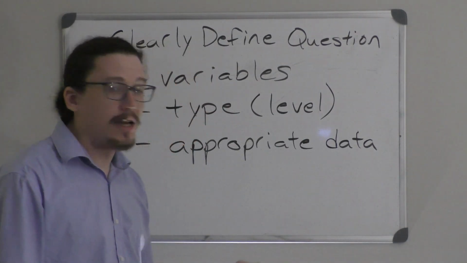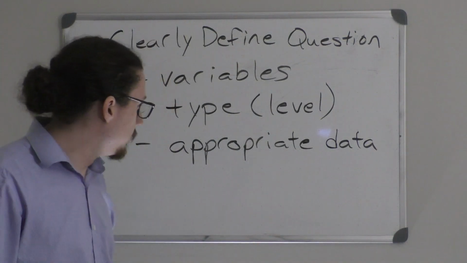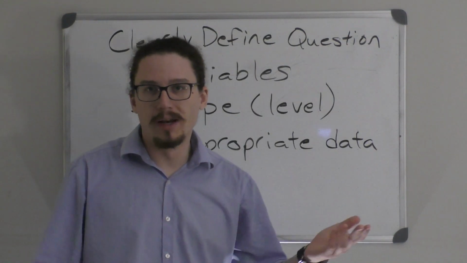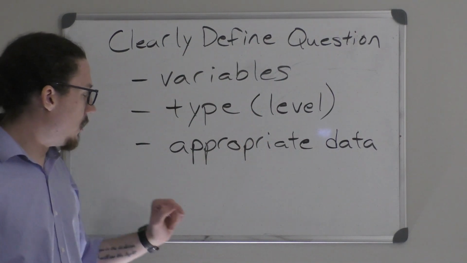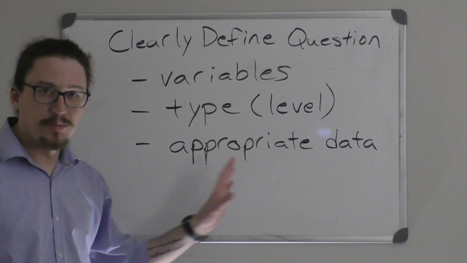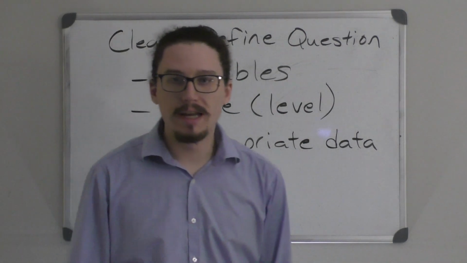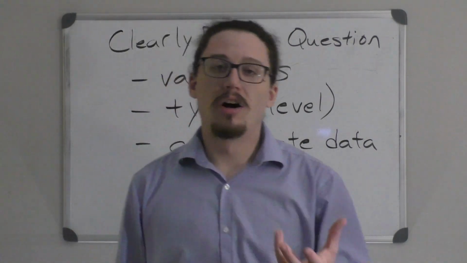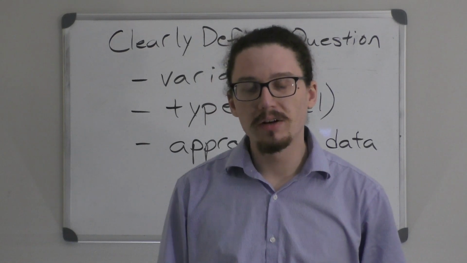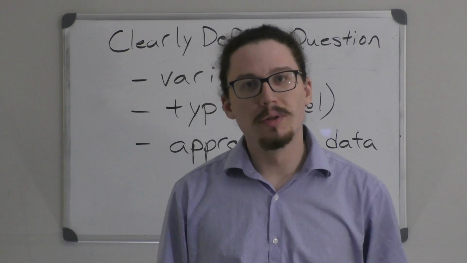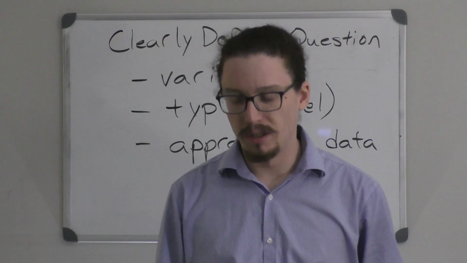But let's say we're not sure, we want to test just to make sure, because actually I don't know if that's true or not, but it might not make much of a difference. So again, we're talking about appropriate data. If I get data on the year people retired, that's not really going to do me a lot of good.